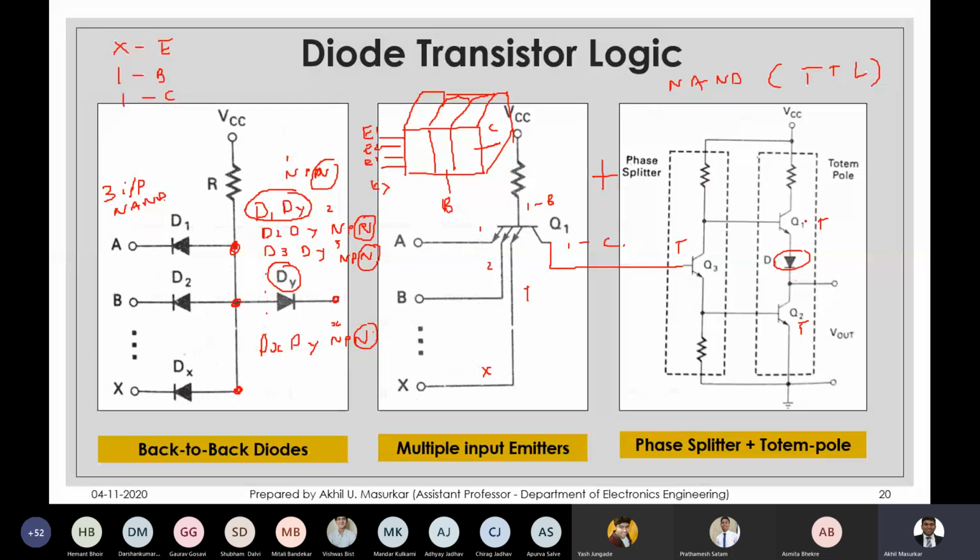So basically this entire DTL now converts to TTL. This diode transistor logic goes to transistor transistor logic. So no need to draw the last diagram, draw only the first two.